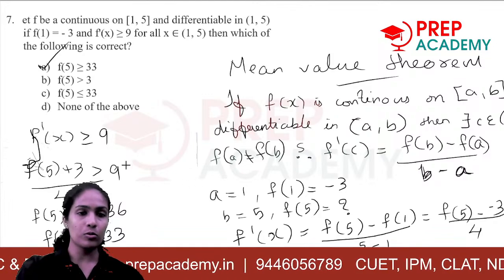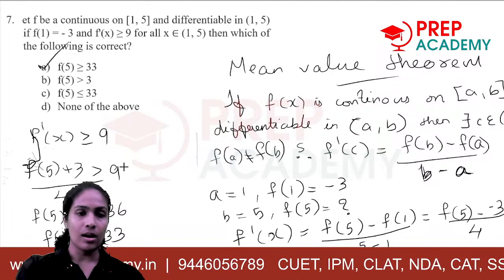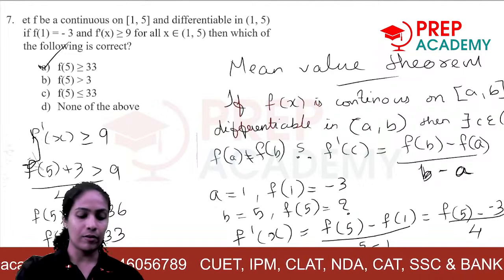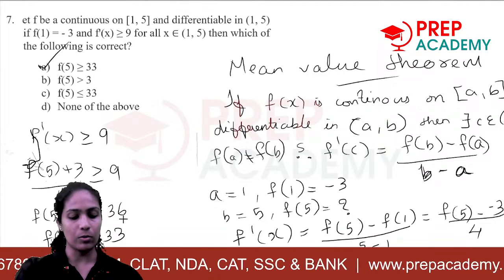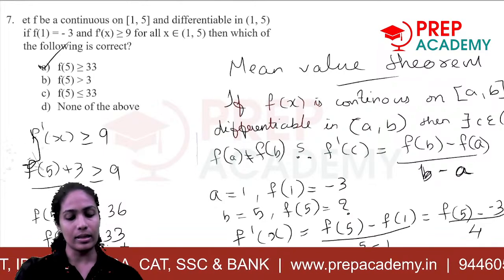You can bring this 4 to the RHS. Plus 9 into 4 is 36. f(5) plus 3 is greater than or equal to 36, or f(5) is greater than or equal to 36 minus 3, which is 33.